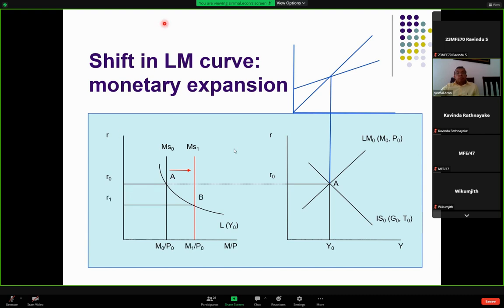Now, if I ask you the question, why did the interest rate decline from R0 to R1, I think you should be able to give me an answer. Because there is excess money in the economy, in general conversation we call it excess liquidity in the market.